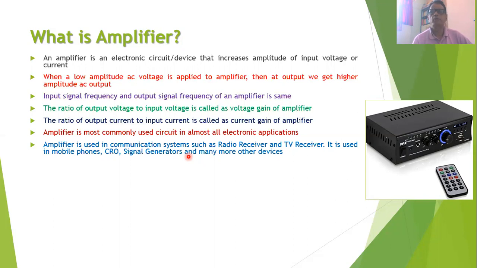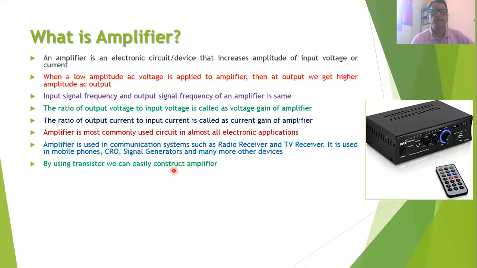Apart from that, your computer system, your mobile phone, your CRO, that is cathode ray oscilloscope, any signal generator, all such devices will also contain the amplifier circuit. So almost any electronic device you can think of will contain the amplifier circuit.